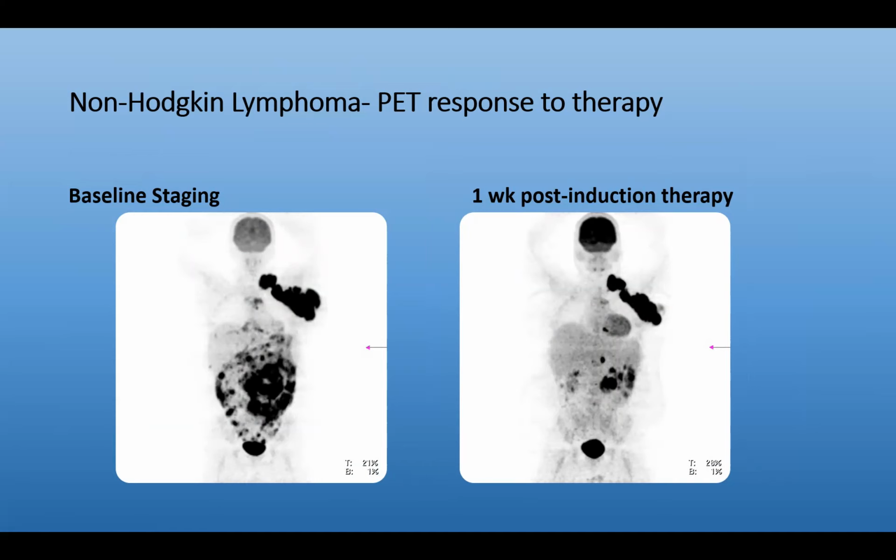So quite bulky tumor mass. 1 week post-induction therapy, they decided to repeat the study to see, I suppose, if the chemotherapy was having any effect, and indeed it has. While there's still a lot of disease up here, I think you can appreciate that it is decreased in size, and there's marked reduction of activity throughout the bowel.